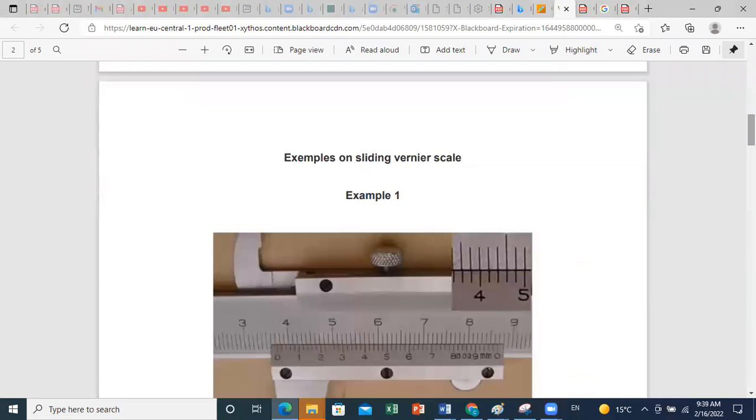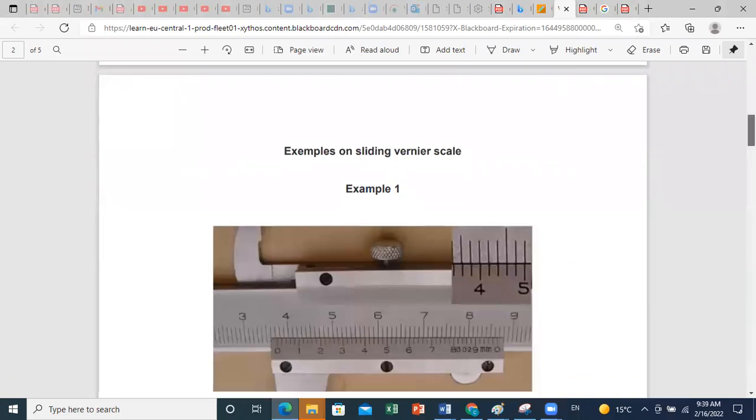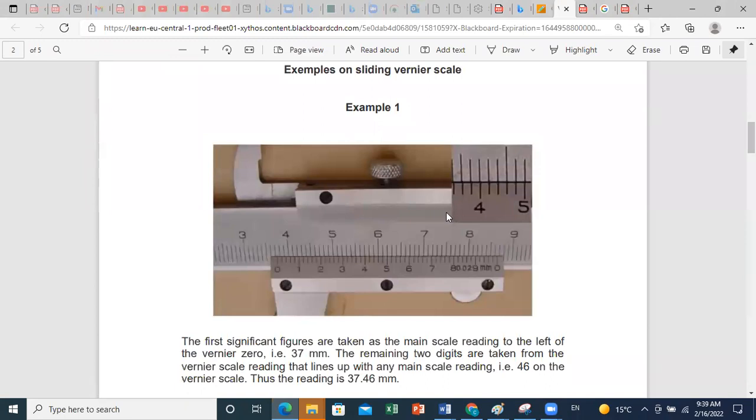Now, let us see actual devices with more divisions. As I told you, the number of divisions will always affect the accuracy. The higher the number of divisions you have, the larger your accuracy will be. For example, here the main scale is in centimeter.